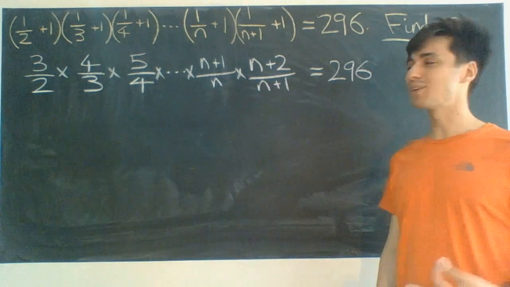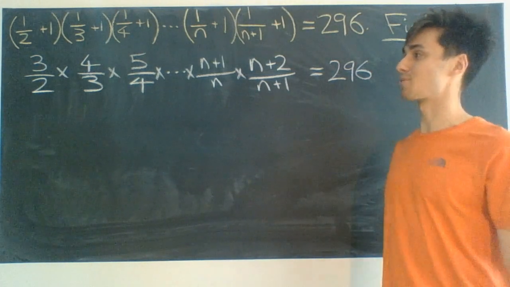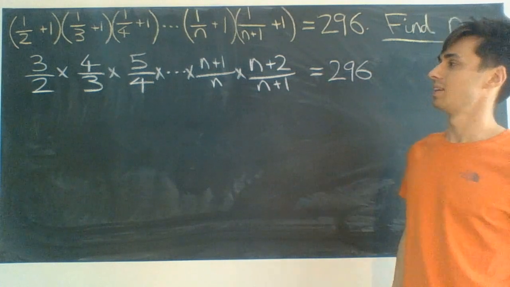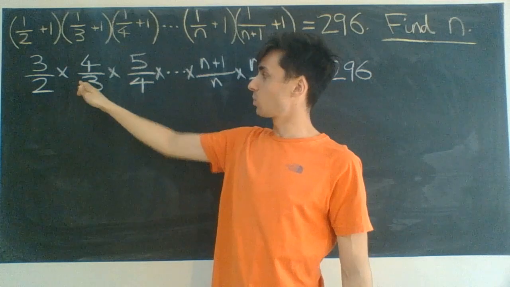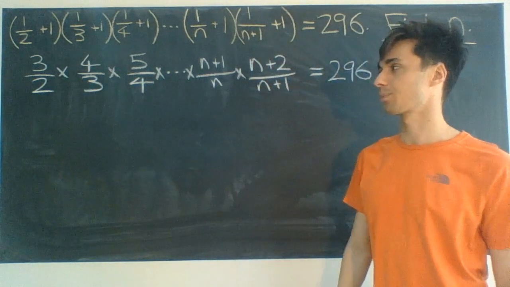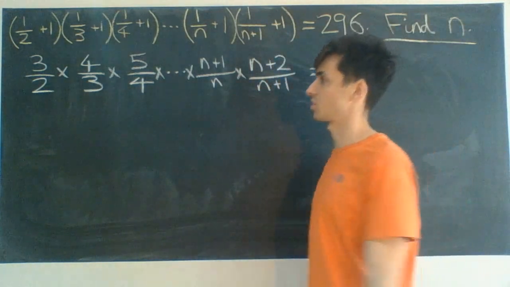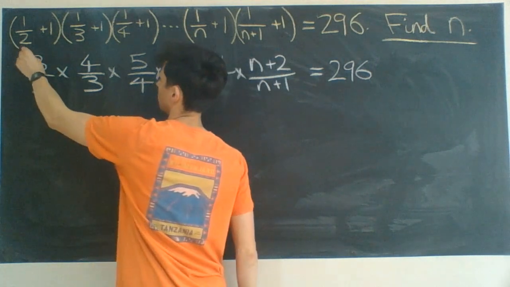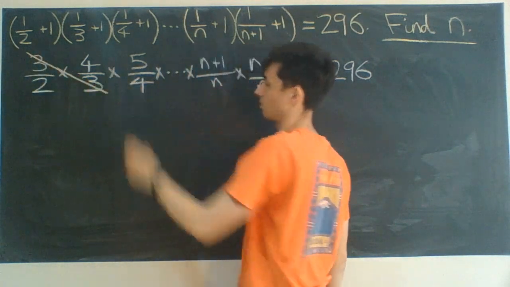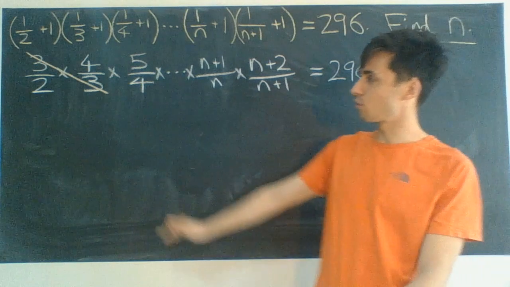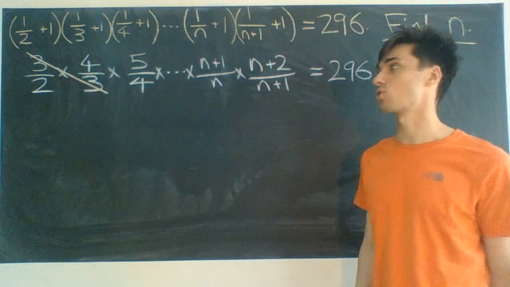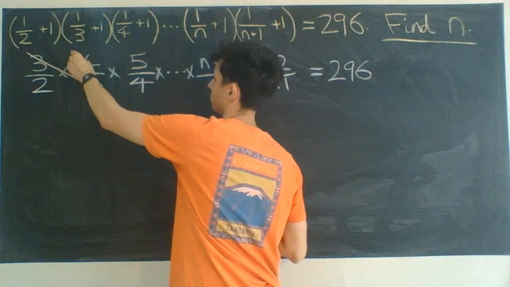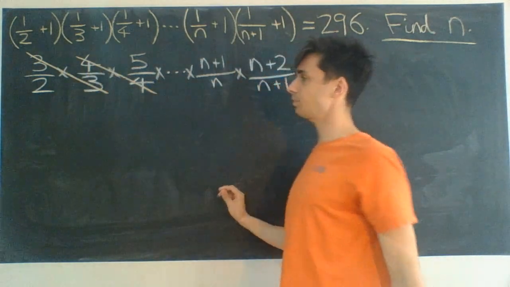Well, now if we have a look, we can see something really nice about to happen. You see a 3 here? Well, there's also a 3 here. Well, that means we can cancel those 3s out. And then we see a 4 in the numerator here and a 4 in the denominator here. Well, we can also cancel out those 4s.